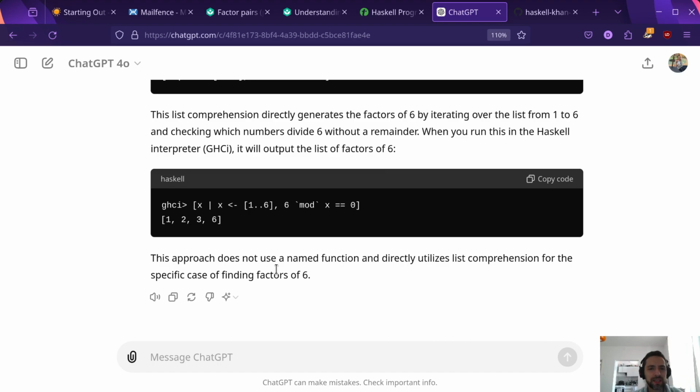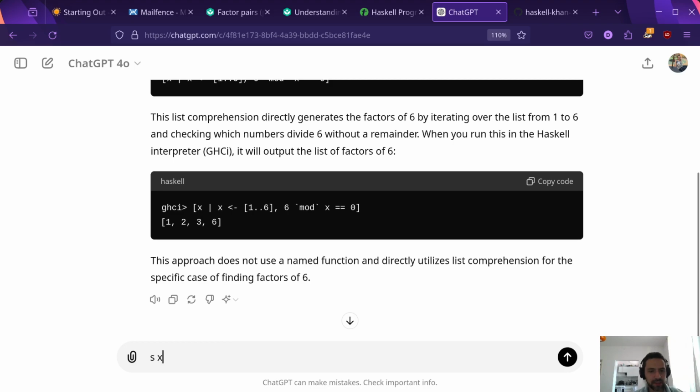The x itself is the list. It would be better to write x's, since x's denotes a list of x.